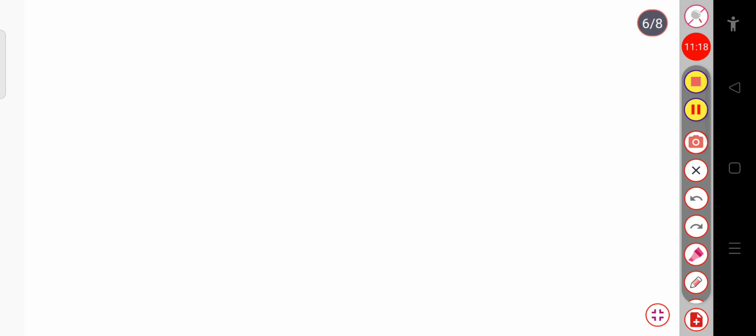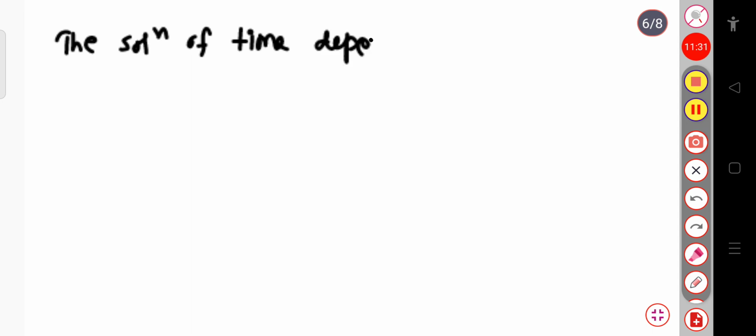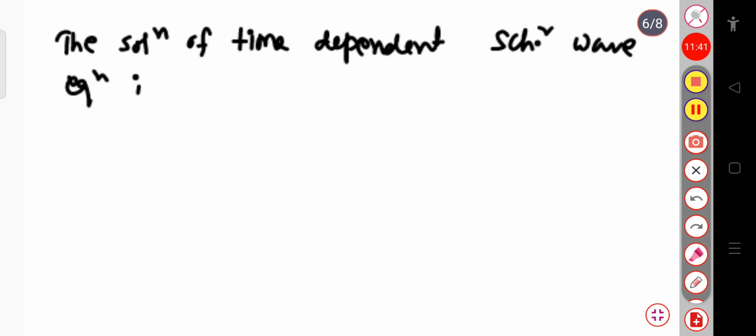So now the solution of the time dependent Schrodinger wave equation, we can write, that is psi of xyz t, that is equal to, it depends on the time.